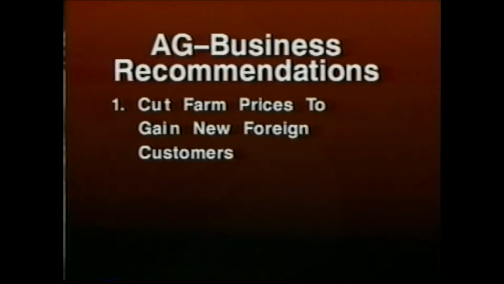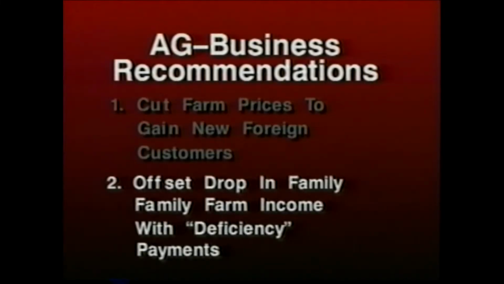These corporations urged Nixon to reduce the prices paid to U.S. farmers to make U.S. food exports cheaper. They argued that lower prices were needed to drive other exporting nations out of the world market. They proposed that the drop in the farm family income which would result from these price cuts could be partially offset by direct government payments, called deficiency payments.